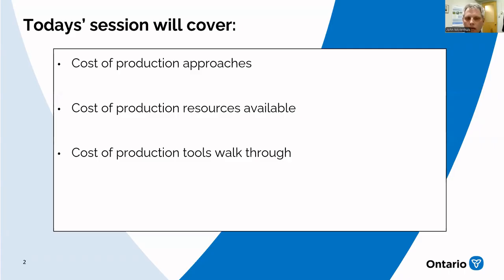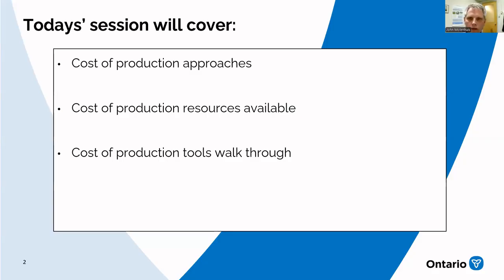We're going to spend the bulk of the time looking at the tools themselves, with a little time up front, partly a review of what we talked about last time, on some of the cost of production approaches. Then we have the cost of production veal budgeting tool that we updated with the 2025 data, which we'll talk to first.